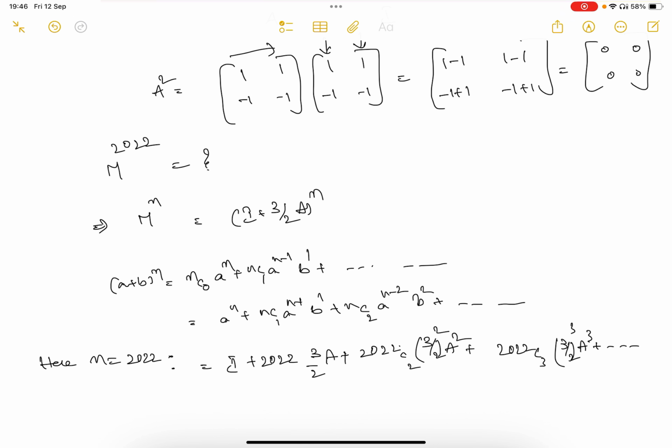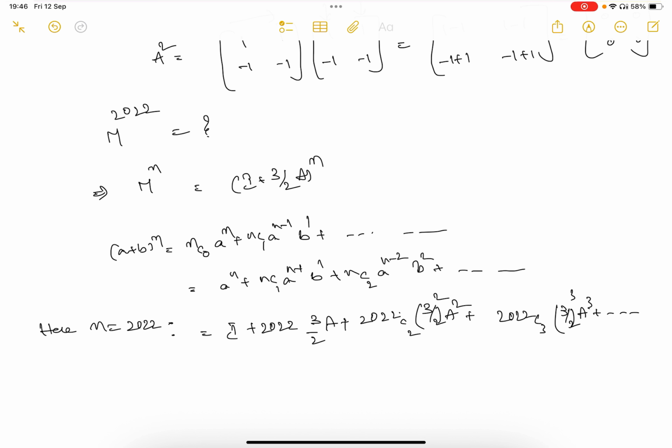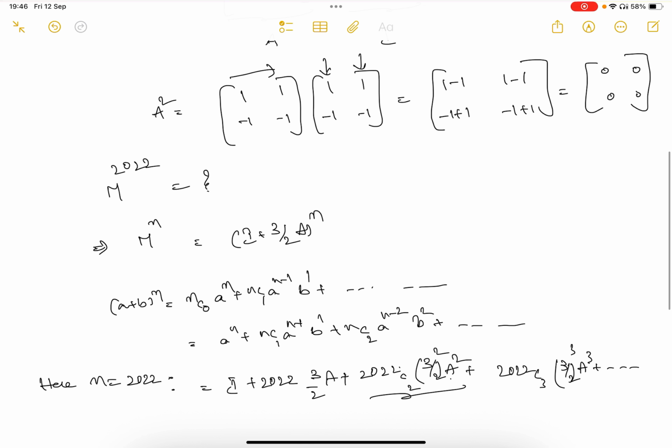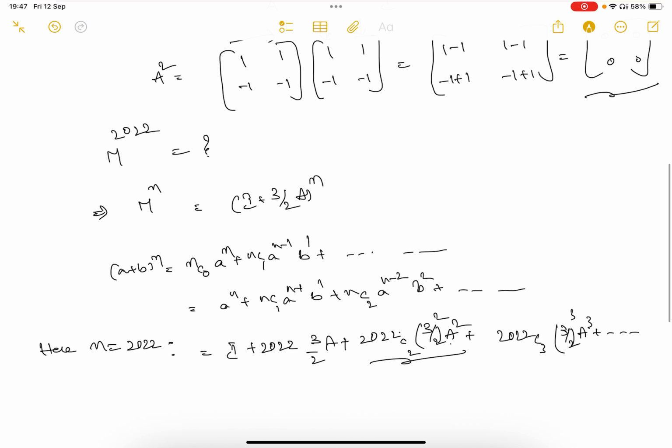So as you can see here, this third term consists of A square, and we have derived this A square as 0. So this term will be 0, and the next term is A cube, which can be written as A square into A. If A square is 0, then this will be 0.